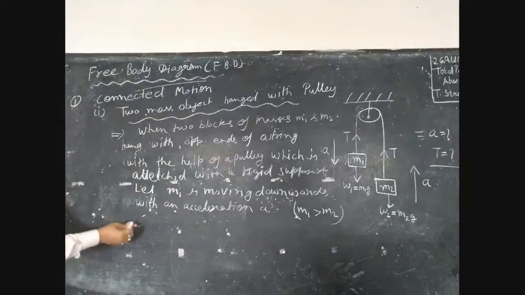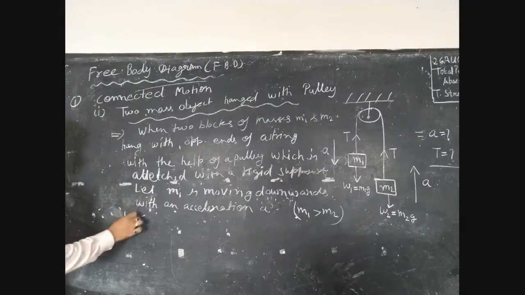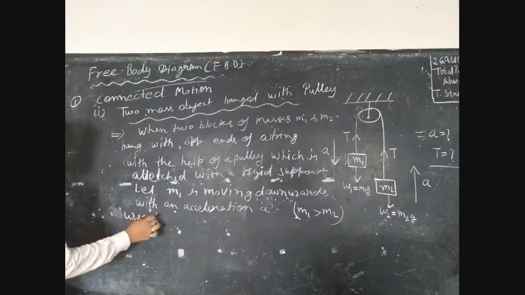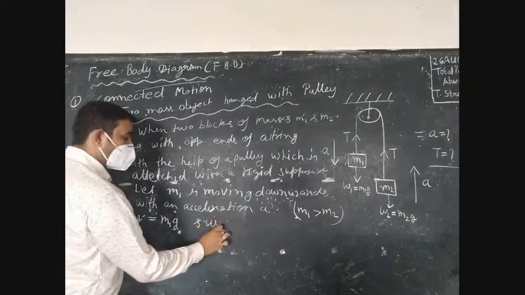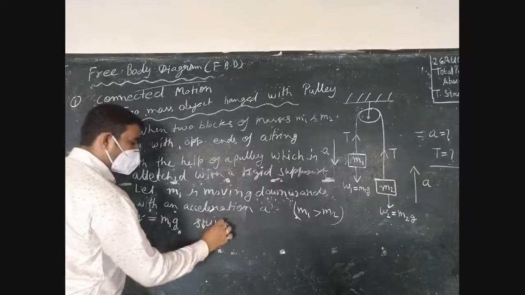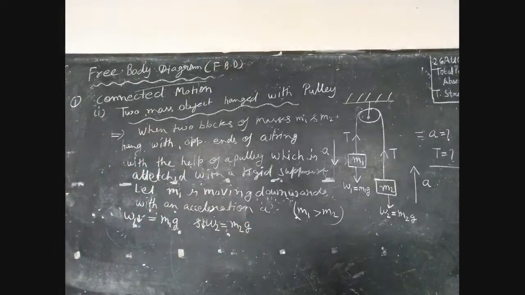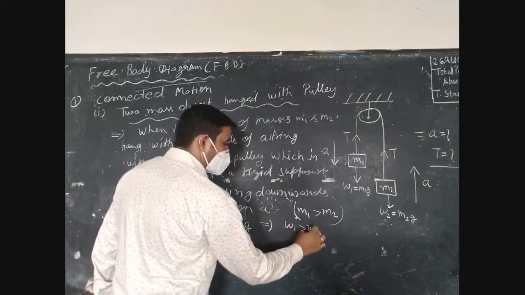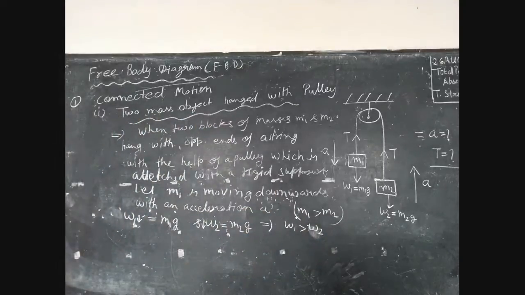Now, the forces acting on the body: W1 acts downward, which is equal to m1g, and W2 on the second block, again downward, is equal to m2g. That means we can find very easily that W1 is greater than W2. Understood?